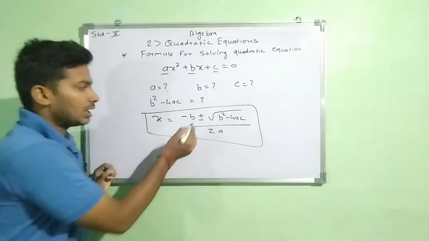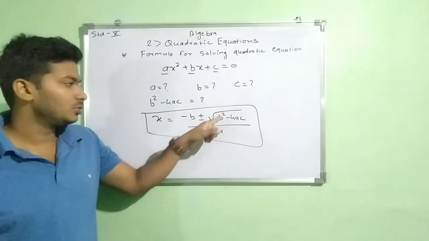Now look here, I have written plus or minus under root b square minus 4ac.